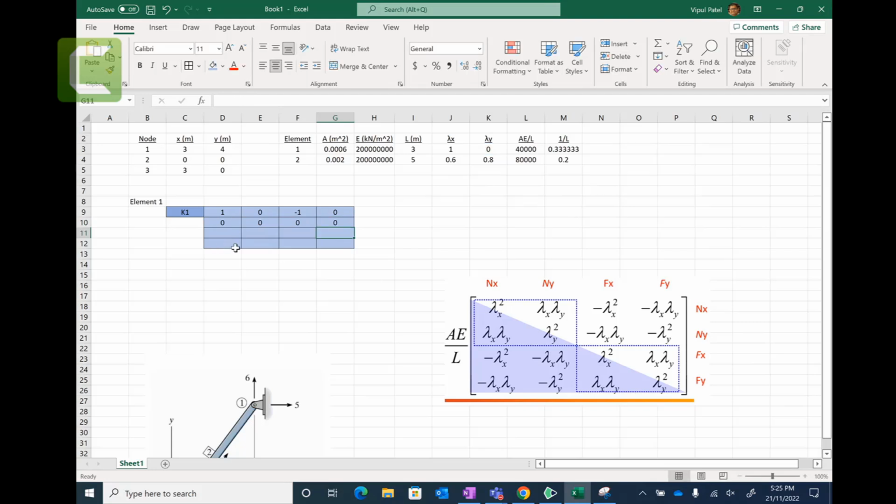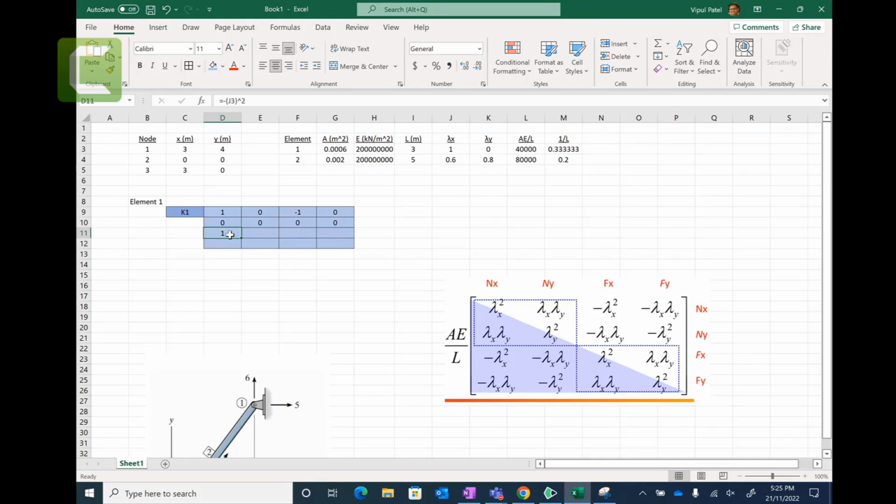All right. And then you can minus lambda x square, so equal to minus bracket lambda x square. Please use the bracket.